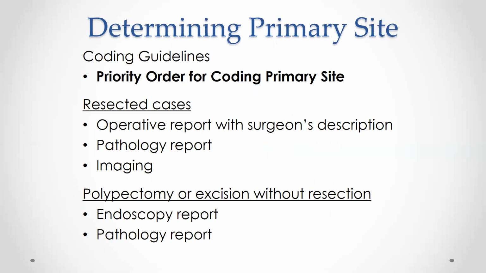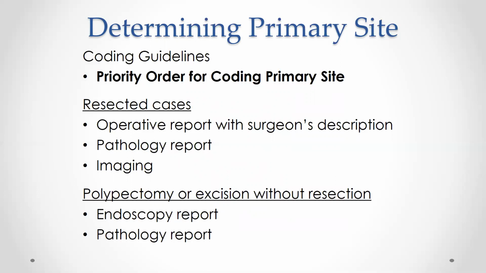In the SHRI manual coding guidelines, there is a document for coding the primary site for colon. It gives priority order for where to take the primary site from. If you go to the SHRI manual, it's page 95, item 8, and then it gives you a link to the coding guidelines for colon.